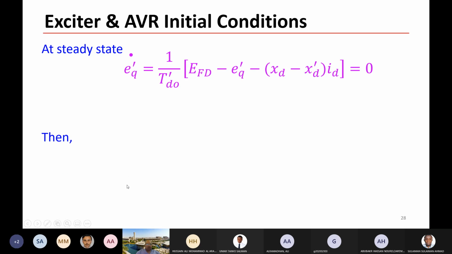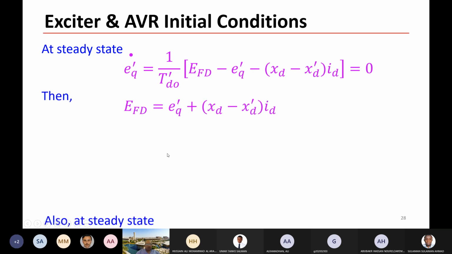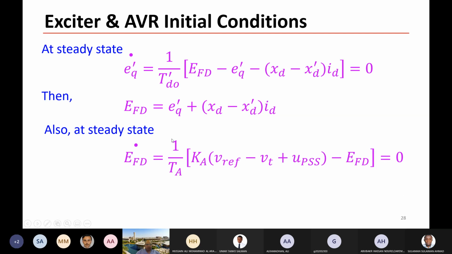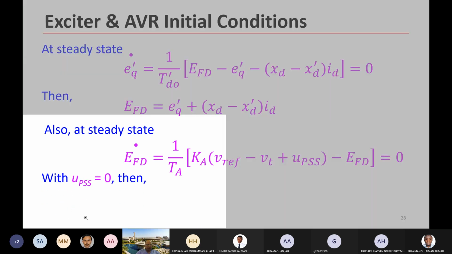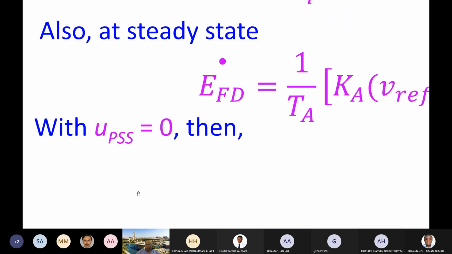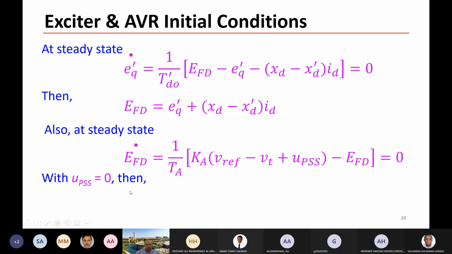This is EQ prime dot, and then we have it equal to 0 at steady state. We can get EFD, and at steady state we can also equate this equal to 0, and we can get V reference equal to VT plus EFD over KA.